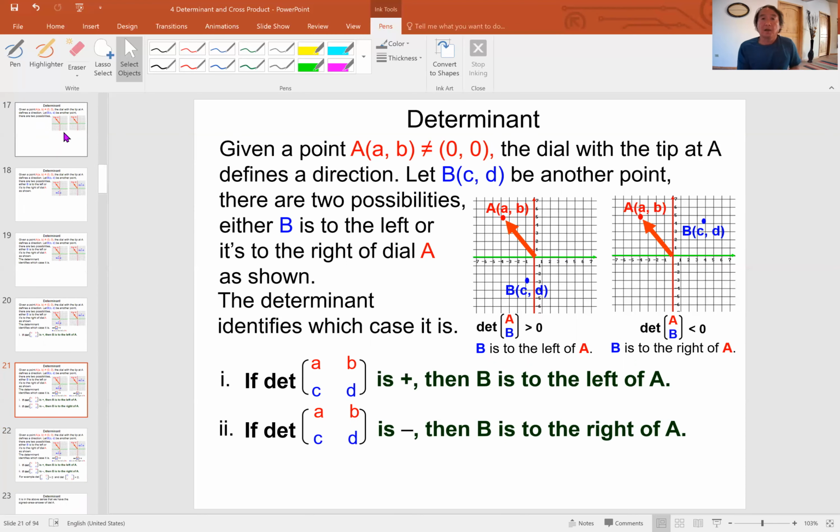If it's positive, the other point is to the left-hand side of the vector; if negative, the point is on the right-hand side.